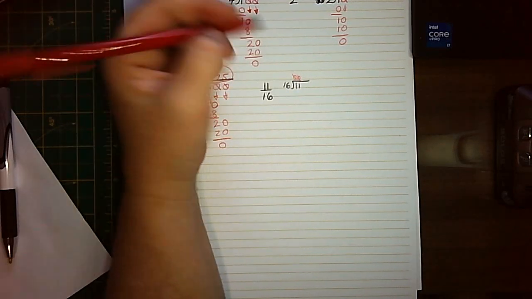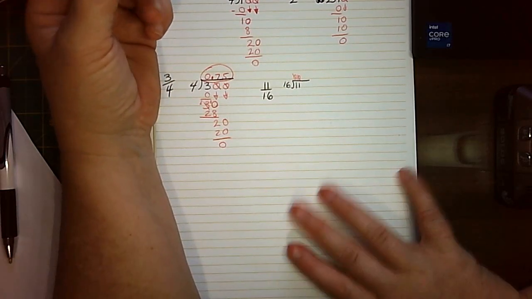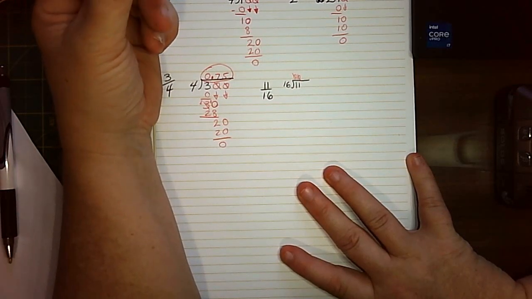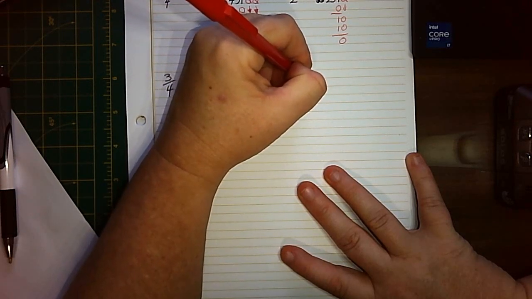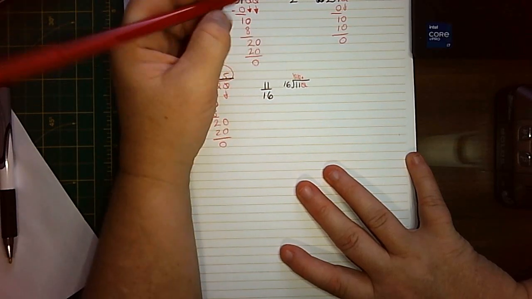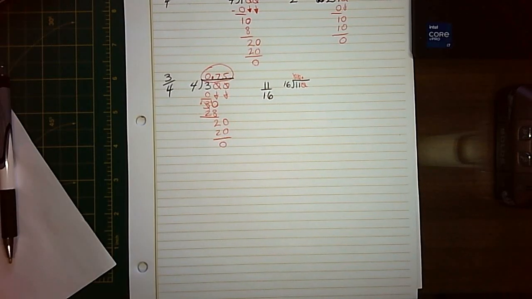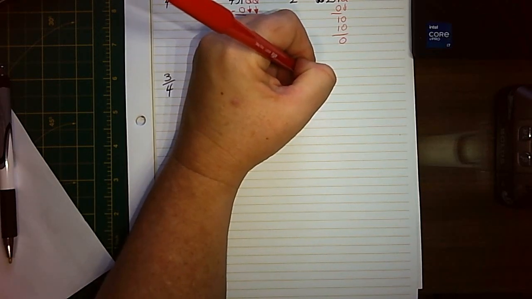Again, I'm just going to place hold. 11. So I've got to create numbers here. I'm going to put a decimal, create a number. 16 into 110. It looks like it goes in 6 times.